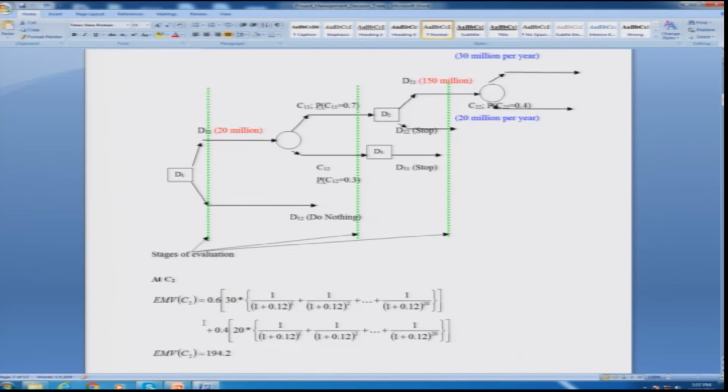So, what you are trying to do is find out the expected value of that decision at C2. At C2 how many forks are there? There are 2. So, probabilities are 0.6, 0.4. What are the values? 30 million, 20 million per annum. Now, the whole concept inside the bracket basically means the time value of money as of now.